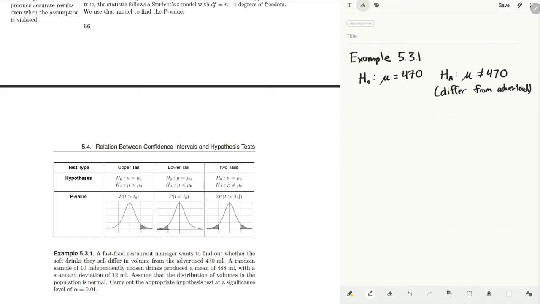So now let's check the assumptions and conditions required for the test. So we have the independence assumption. And so the volume of one drink should not affect the volumes of other drinks.